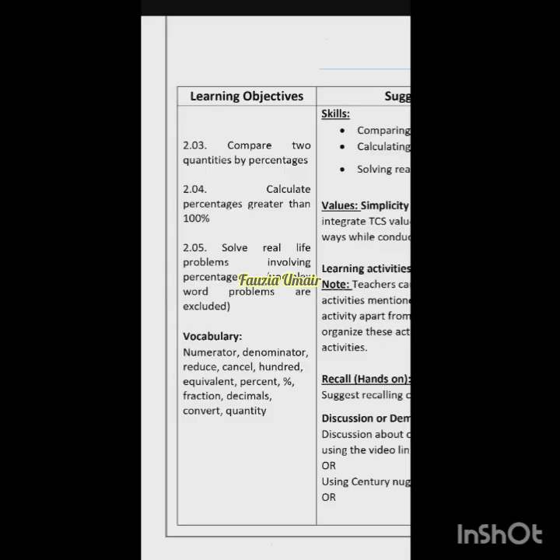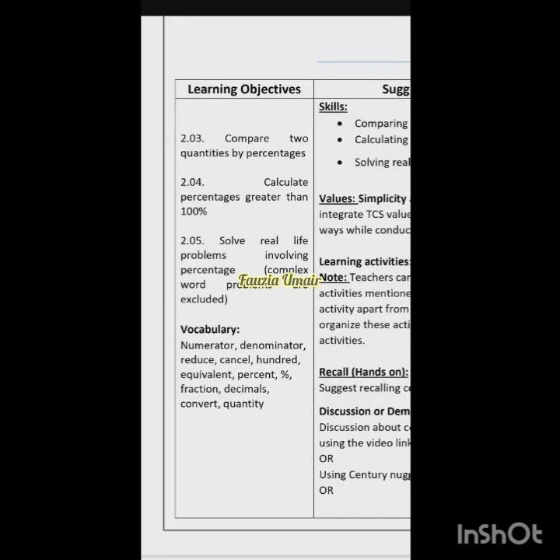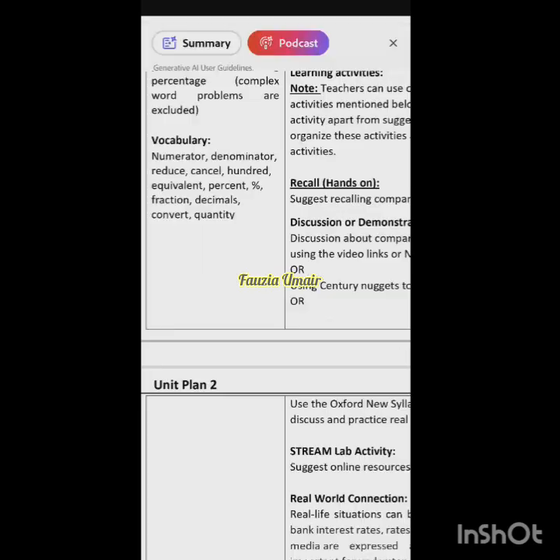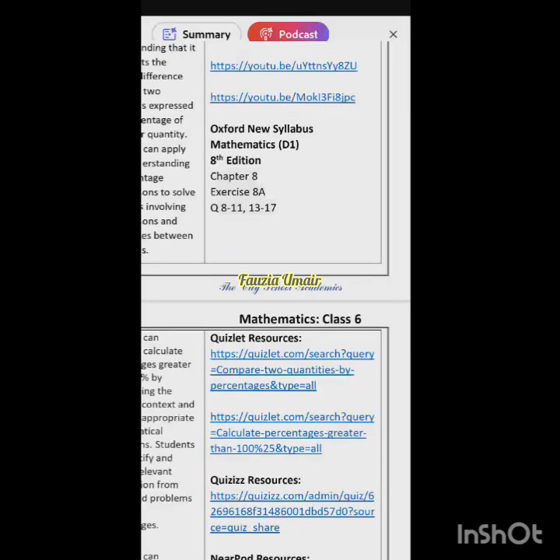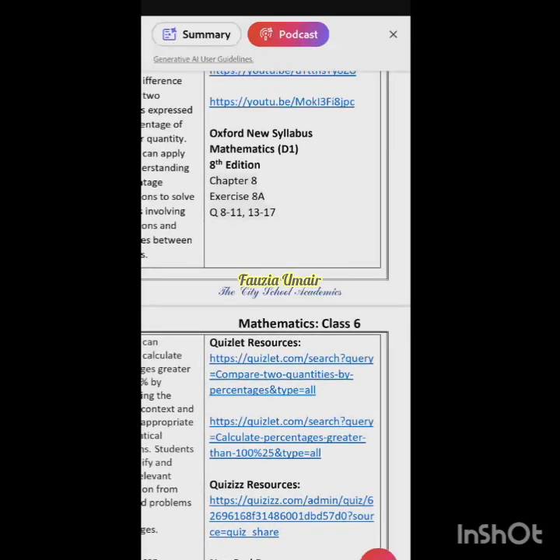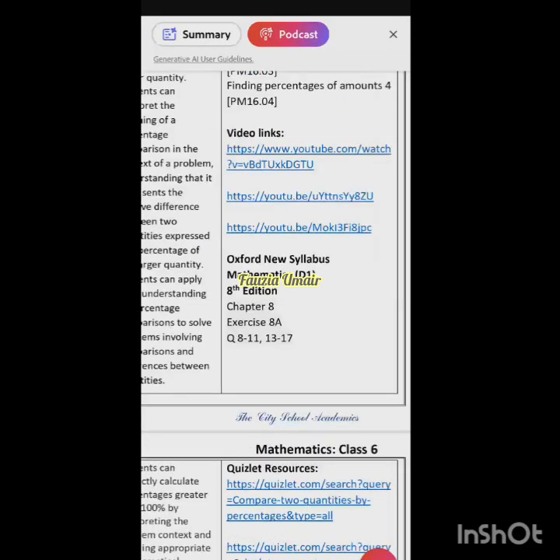Calculate percentages greater than 100, and lastly, solve word problems involving all different types. Now we can see which questions we need to do: 8 till 11, 13 till 17. So almost the whole exercise is included.